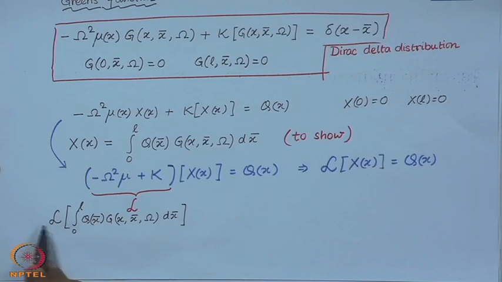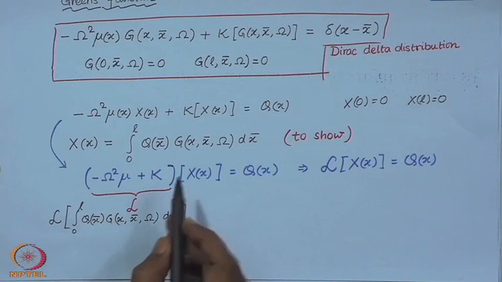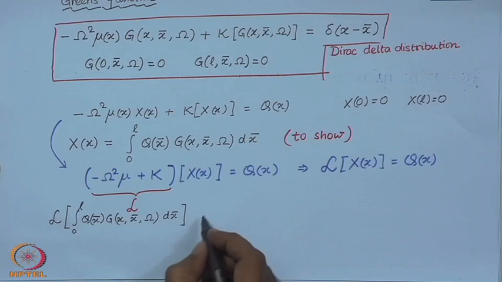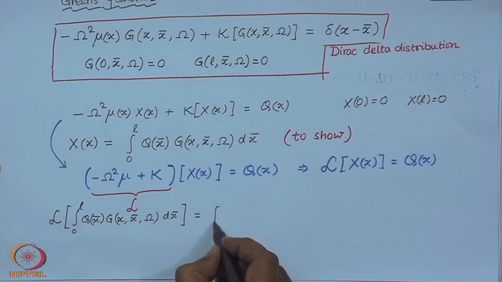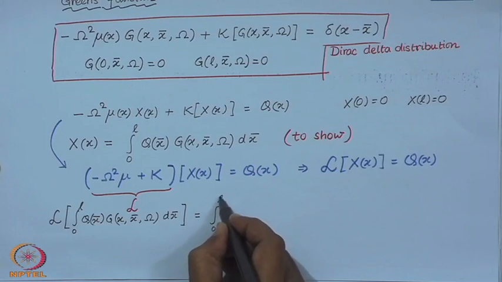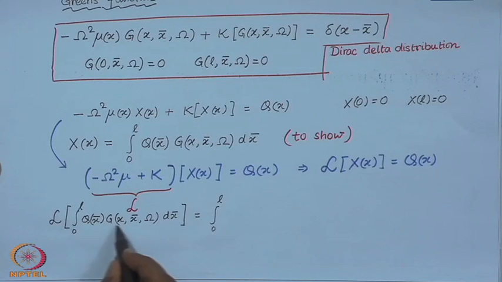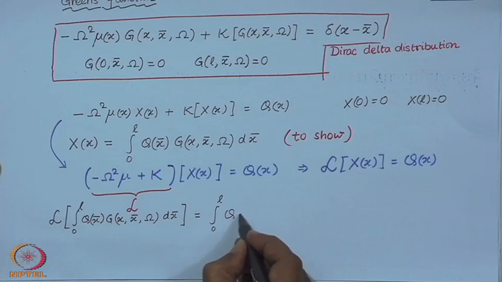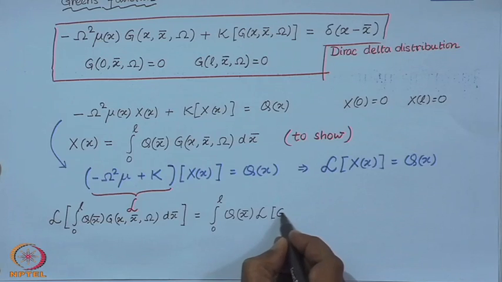So, I assume that this can commute with this integral, because this integral is over x bar, and L is an operator on x. So, here I can interchange the integral and the operator, and since this acts on functions of x, it will act only on g.